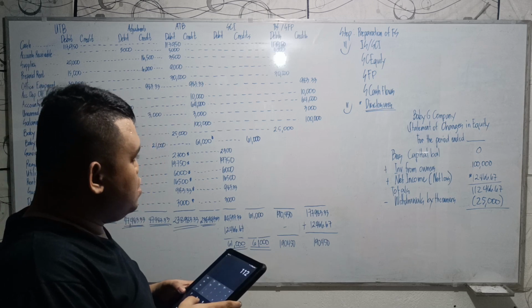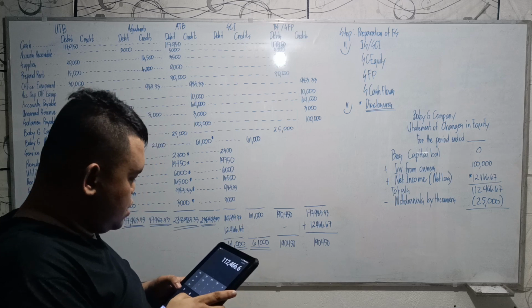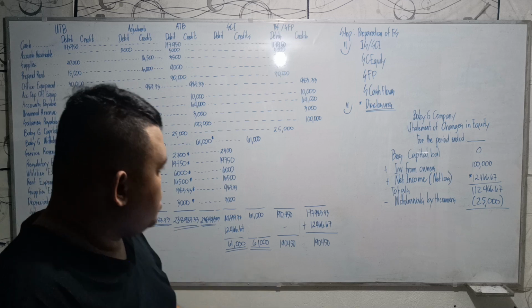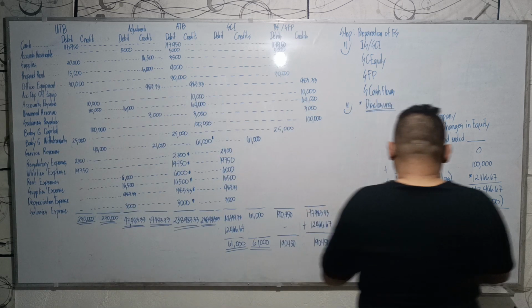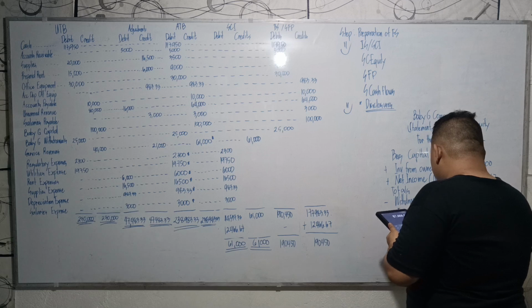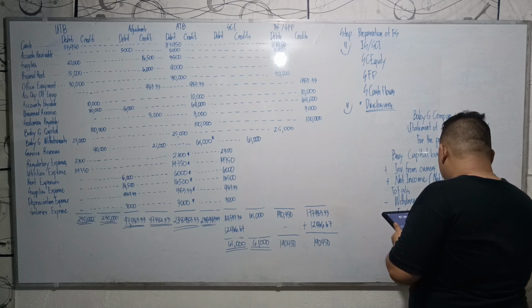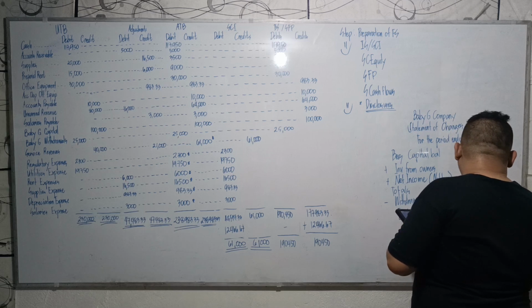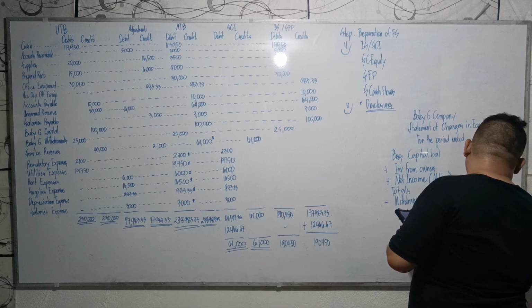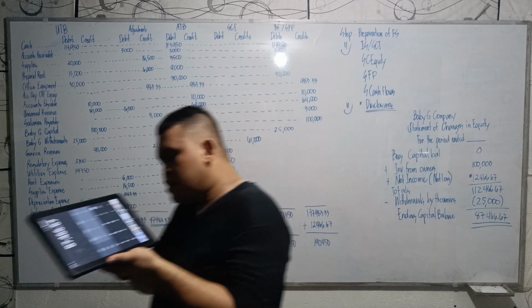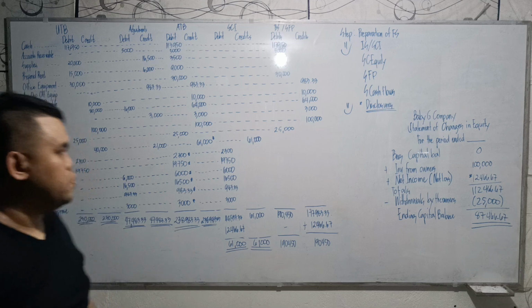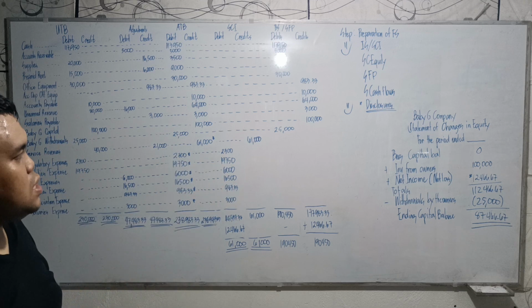We have 112,466.67 minus 25,000. We have the ending capital balance of 87,466.67. And that will become the beginning capital balance for next year if the company will continue on the next period. So that's it for statement of changes in equity.